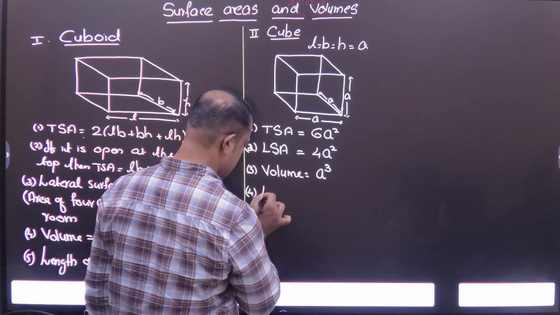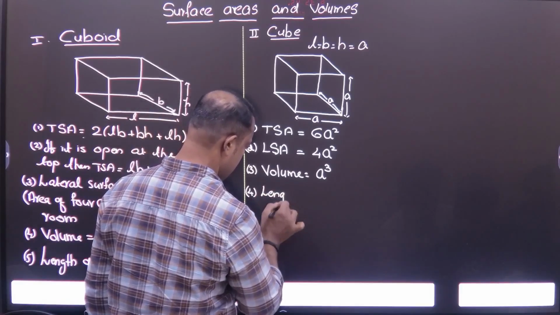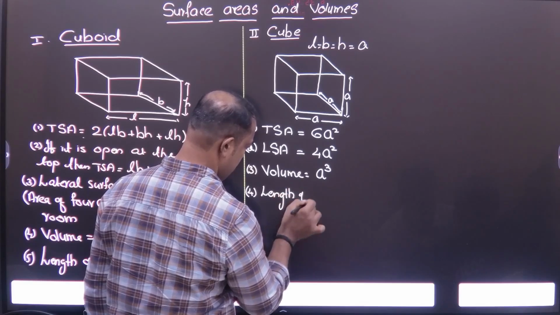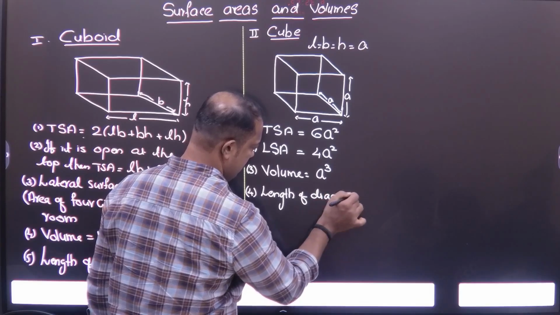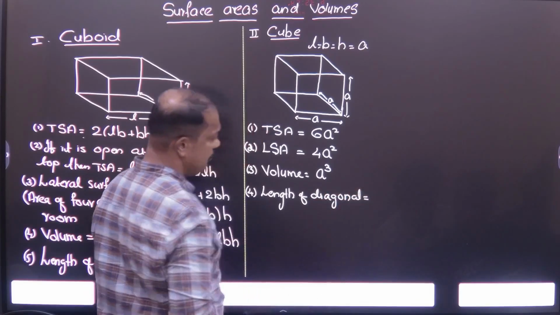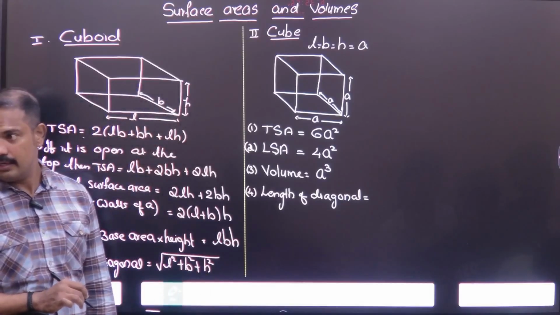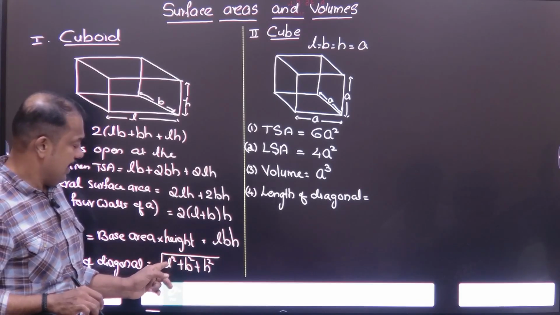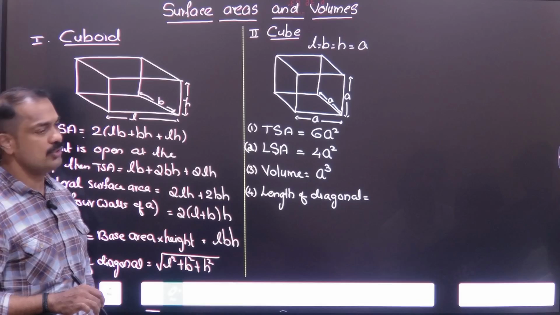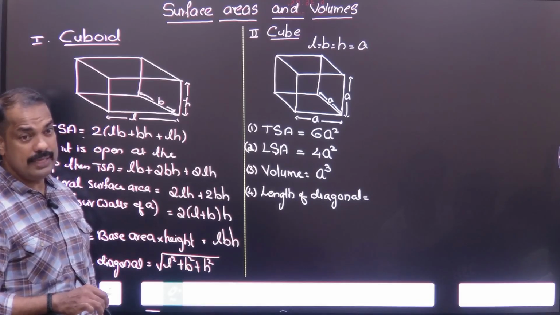Fourth, length of diagonal. Length of diagonal is equal to under root A squared plus A squared plus A squared, root 3 A square.